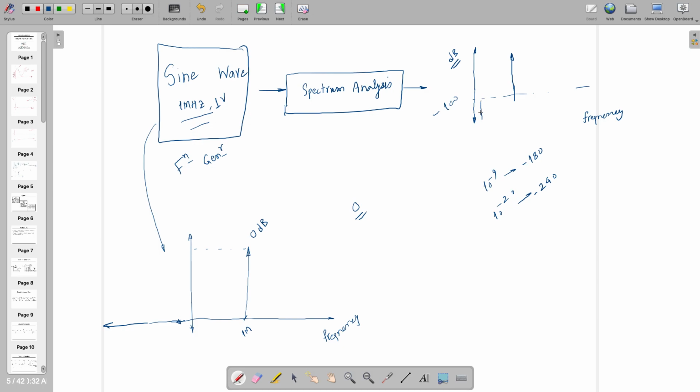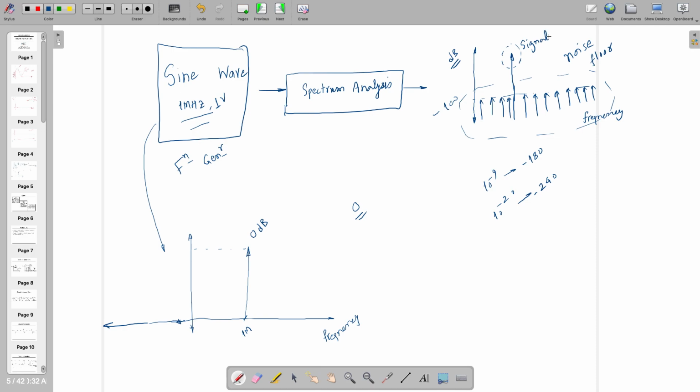So you will see that there are many other unwanted impulses actually available. These impulses are the harmonics, right? So this may be the first harmonic, second harmonic, third harmonic, all are there, and these are coming from, this is known as the noise floor, and this is known as the signal.